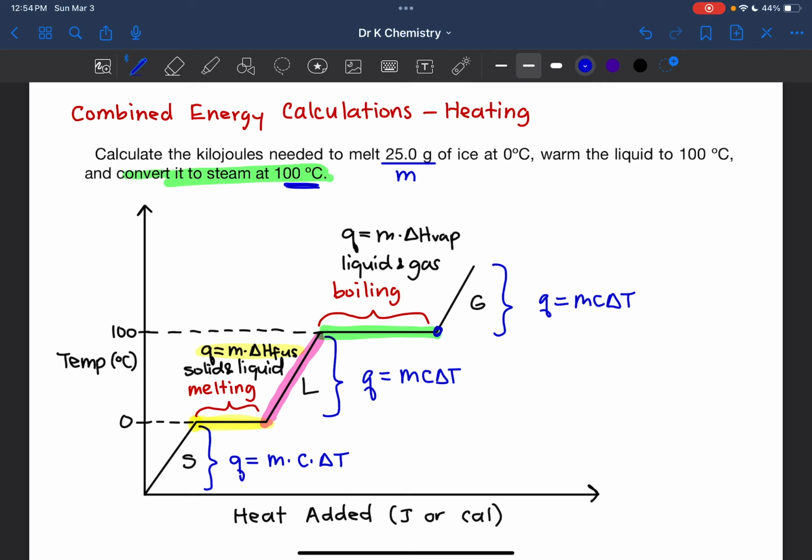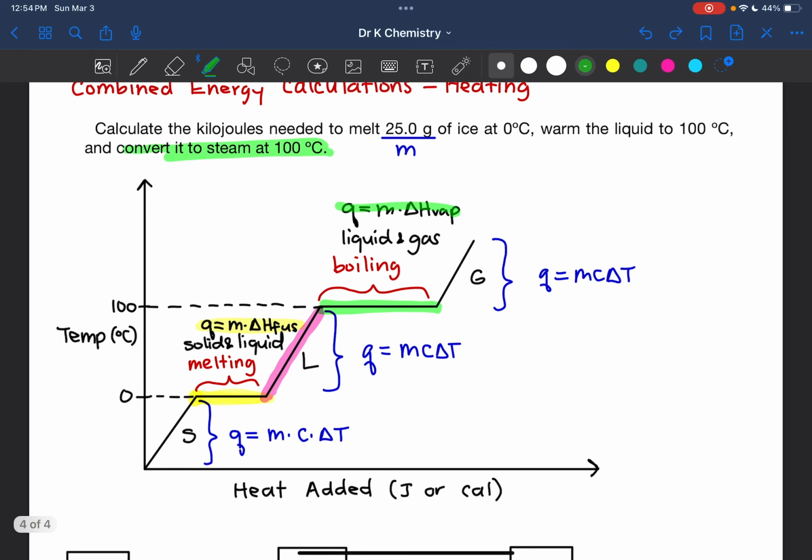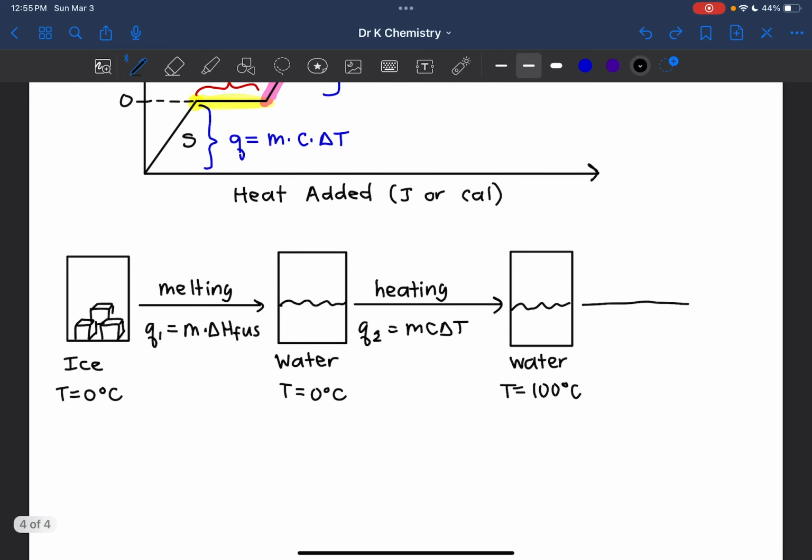We're not heating it any further. We're just going to convert it into steam. And the equation associated for that is the mass times the heat of vaporization. So my Q3 here will be mass times the heat of vaporization, and that is for boiling. And at that point, we will have steam.